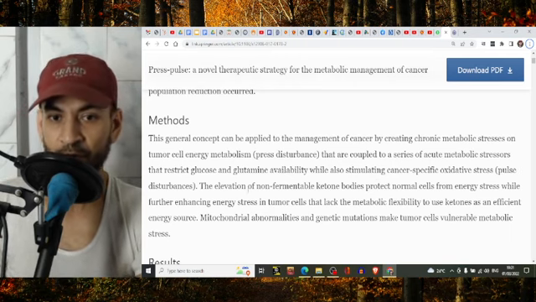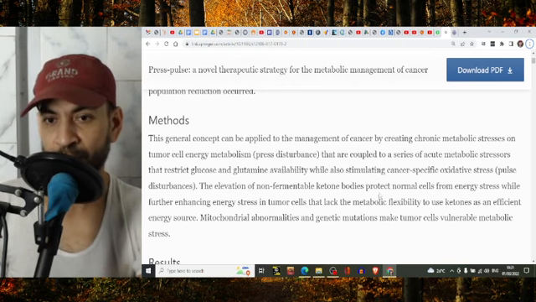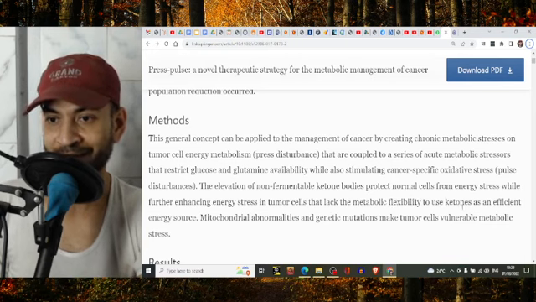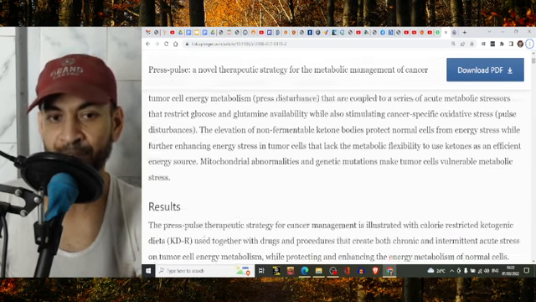The elevation of non-fermentable ketone bodies protects normal cells from energy stress while further enhancing energy stress in tumor cells that lack the metabolic flexibility to use ketones as an efficient energy source.